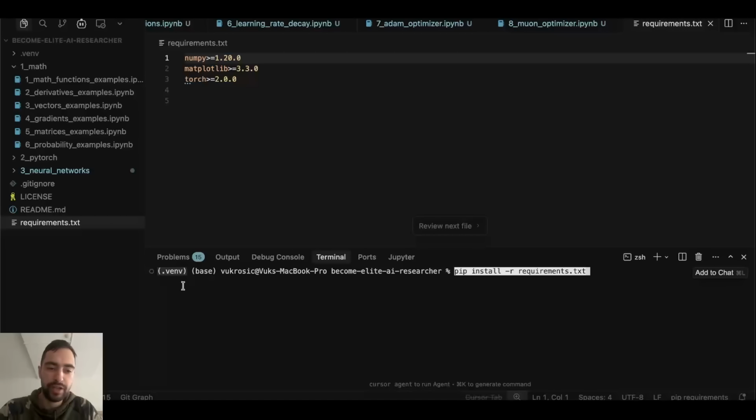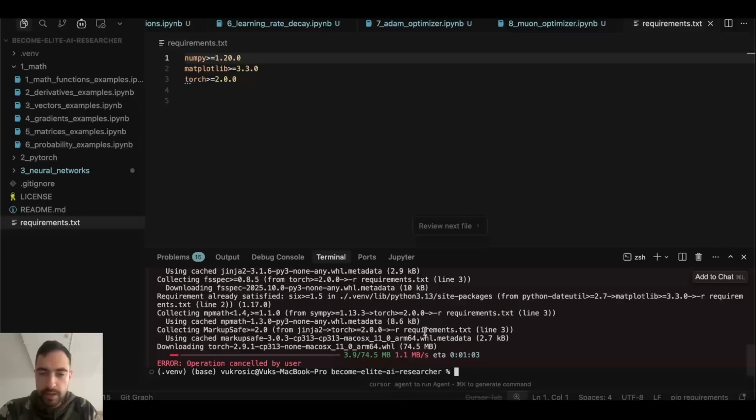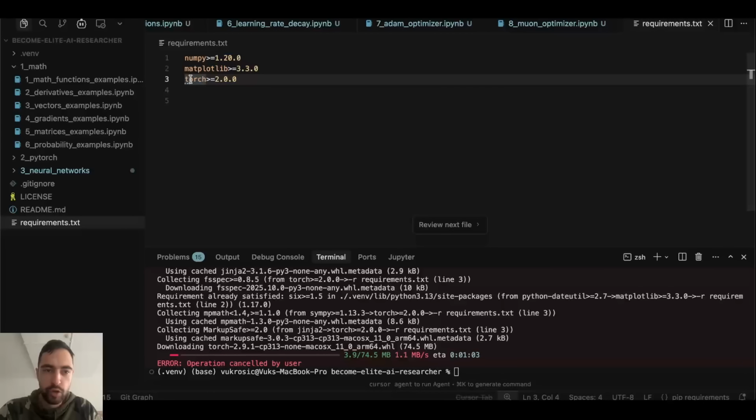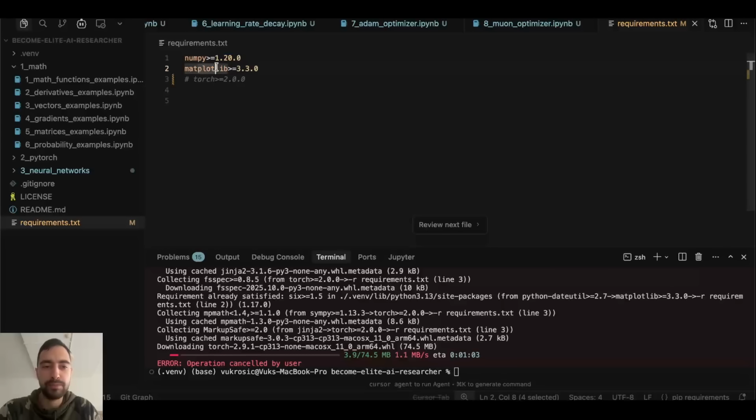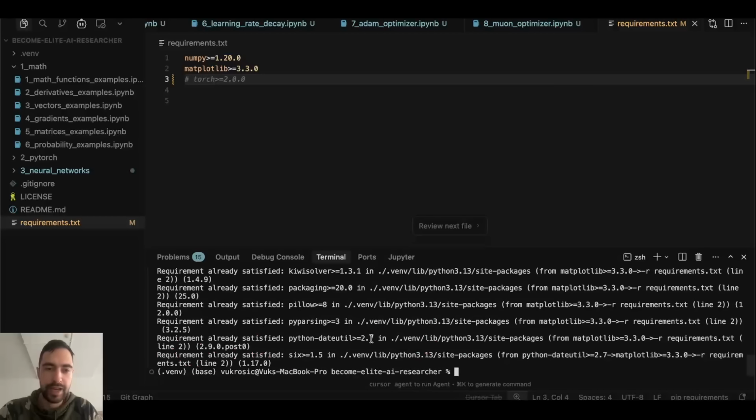Install this in a Python environment, and then just press enter. But actually, I don't want to install PyTorch, because for the PyTorch tutorials, I'm going to use Google Colab. So I'm just going to install NumPy and Matplotlib, and then I'm going to comment out PyTorch. So let me do the installation again. Okay, now this is already installed. So let's start with the maths.